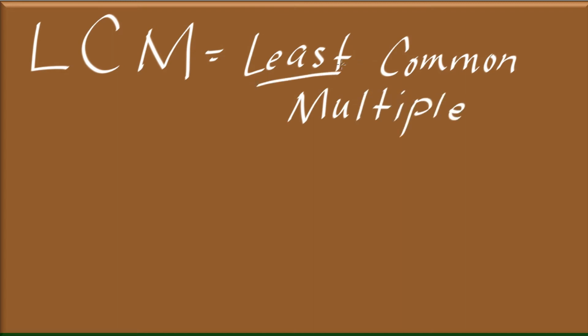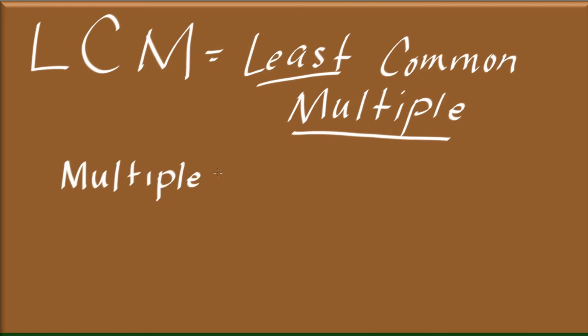Okay, so least, it's the opposite of greatest. So what is this multiple here? So if we say find the multiples of 2, okay? So what are the multiples of 2?